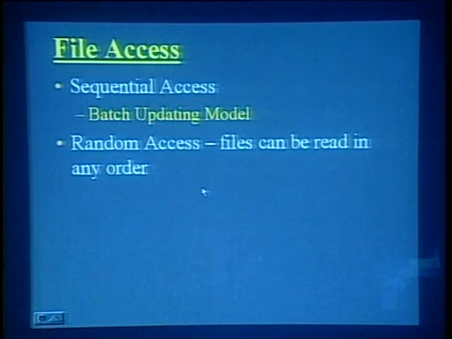Let's understand file access with an example. Think of a payroll program that is run once or twice every month. When the program is run, there is some associated database with it.